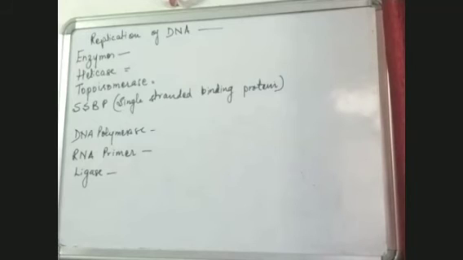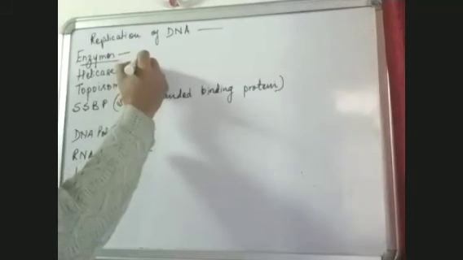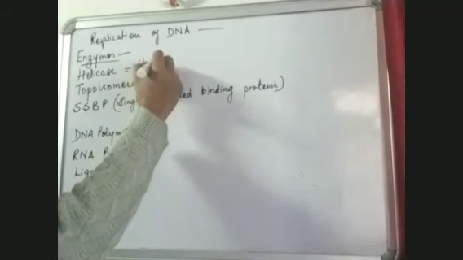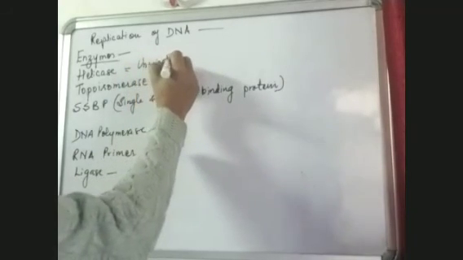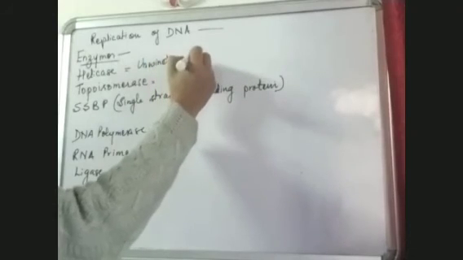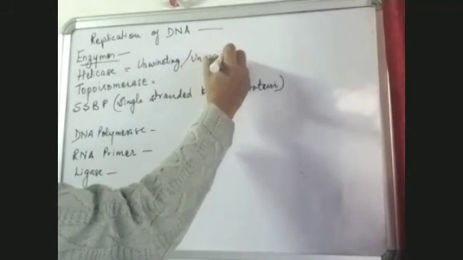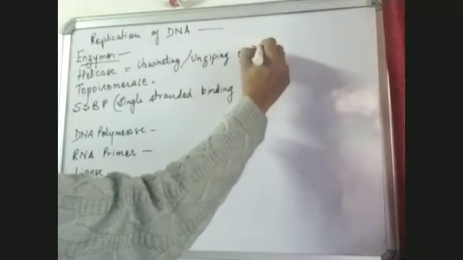Now helicase. Helicase is the first enzyme required for the process of replication, and it brings about the unwinding or unzipping of the DNA double strand.